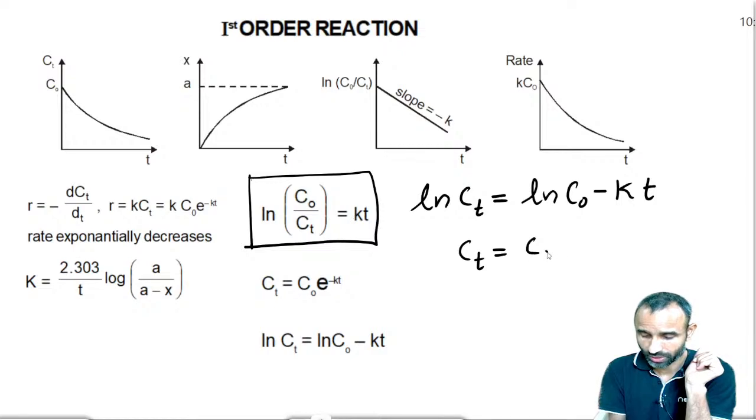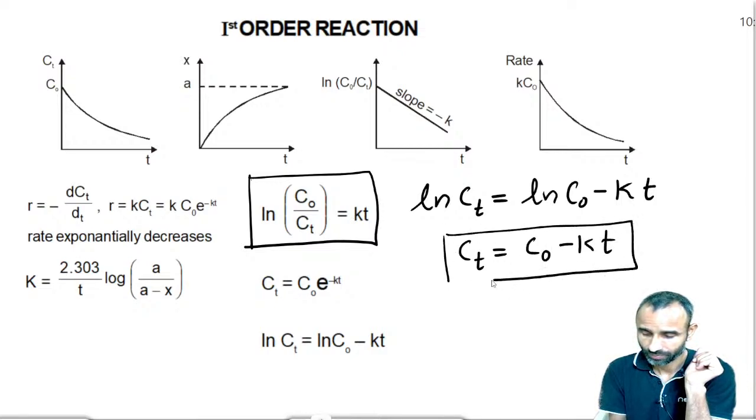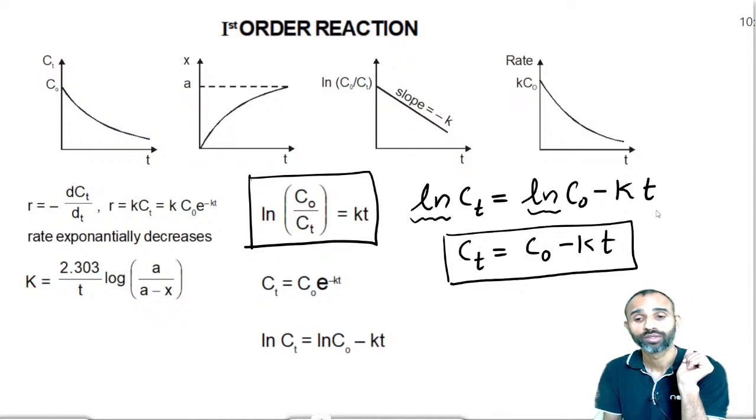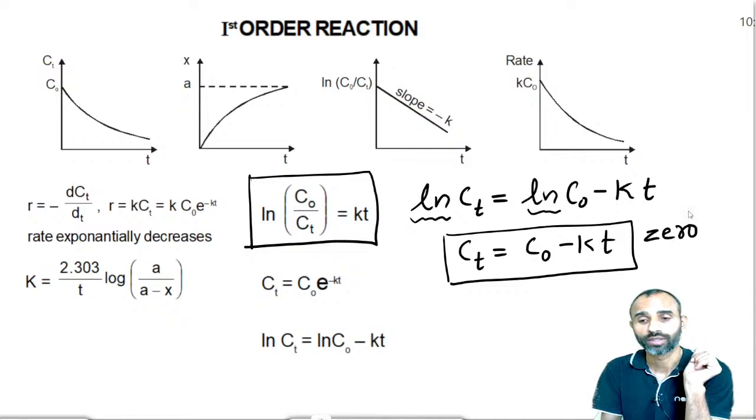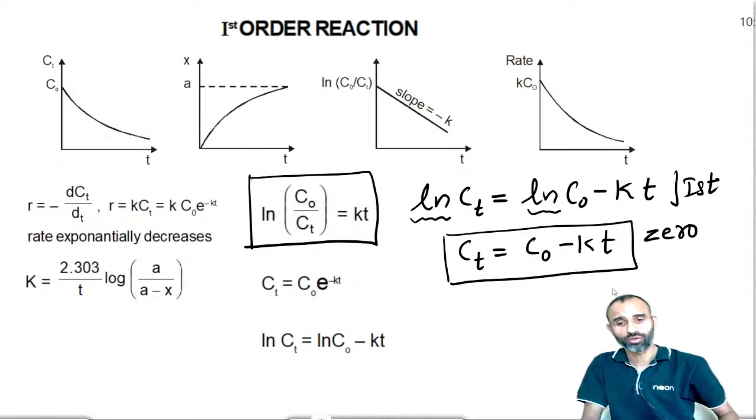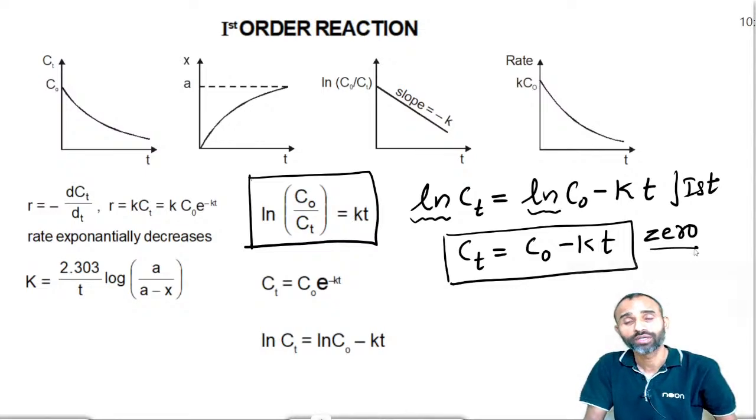Zero order is Ct equal to C naught minus kt. We just add natural log in first order, the rest is same.